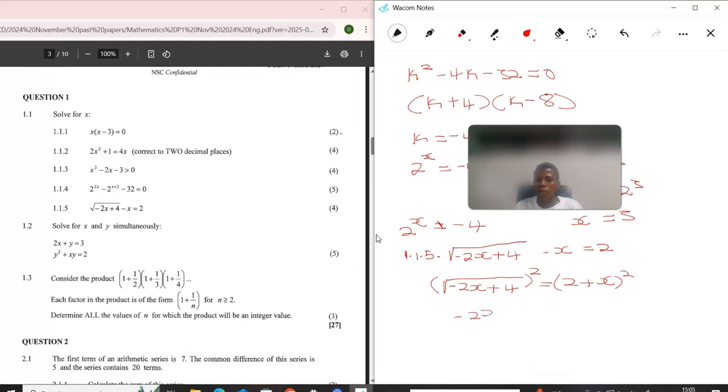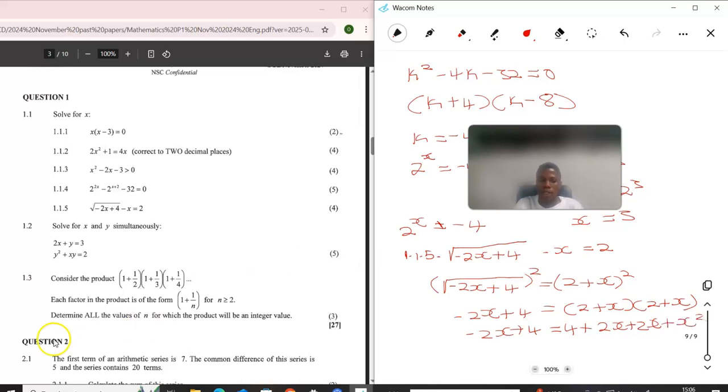Therefore we will be left with 2x plus 4 is equal to, you expand this one, 2 plus x times 2 plus x. Therefore 2x plus 4 is equal to 4 plus 2x plus 2x plus x squared. Okay, and I get 2x plus 4 is equal to 4 plus 4x plus x squared.